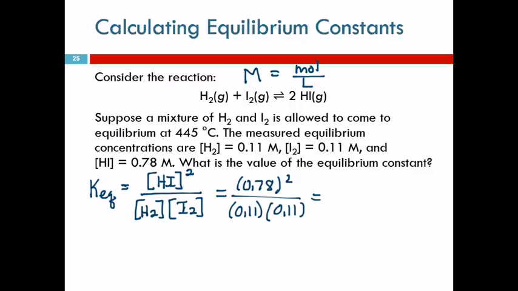So 0.78 squared divided by 0.11 divided by 0.11, I get 50.28.